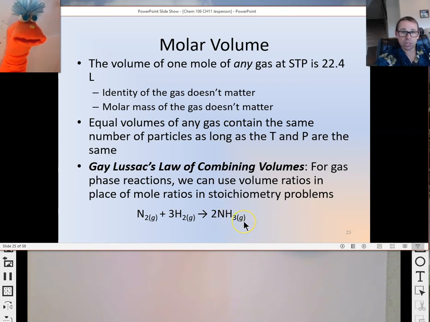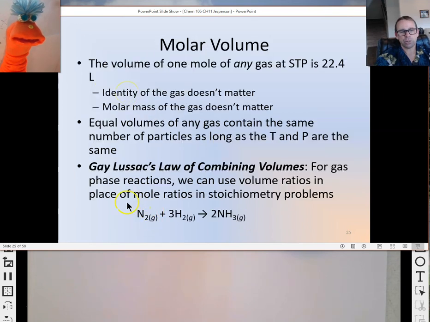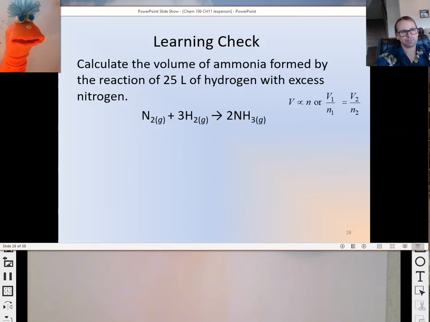But because they're gaseous and there's this relationship between the volume of a gas and the moles in the gas, we can now use the stoichiometry to express relationships not just between moles, but liters of material, or any volume for that matter, milliliters.